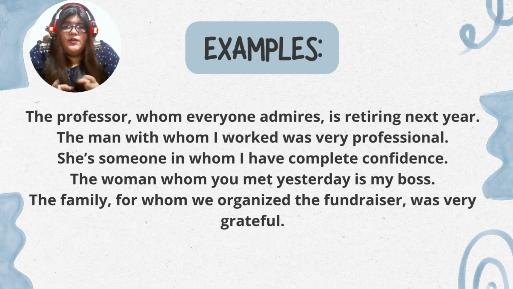Because if you notice, in this topic I can use a specific grammar structure. If you see here, we have the simple past, the past progressive, and so on. For example, the professor whom everyone admires is retiring next year.